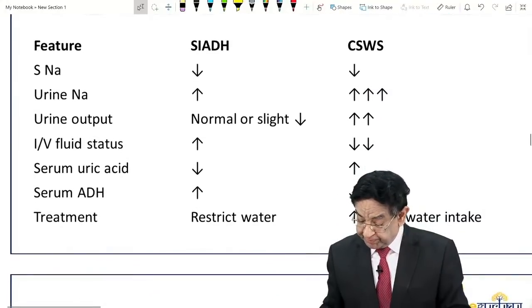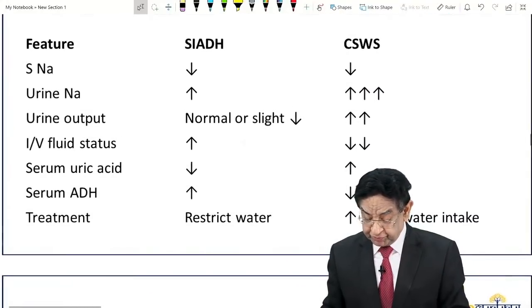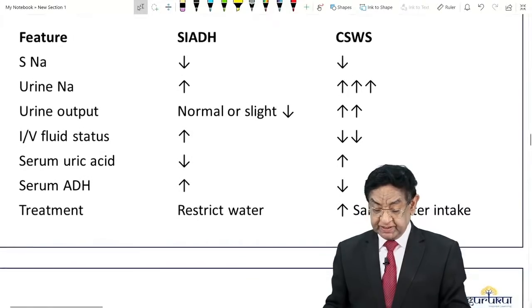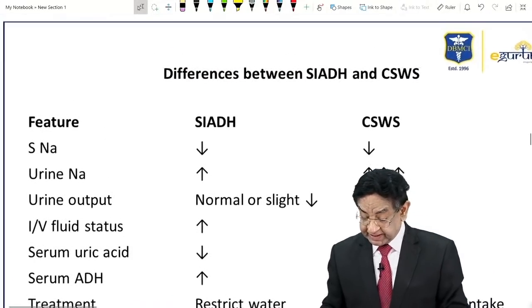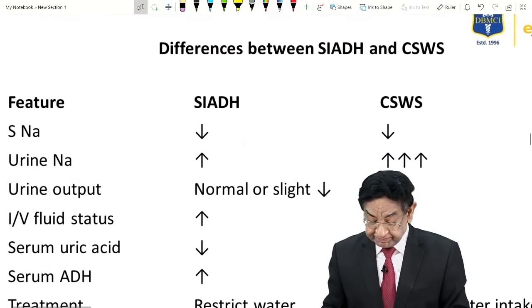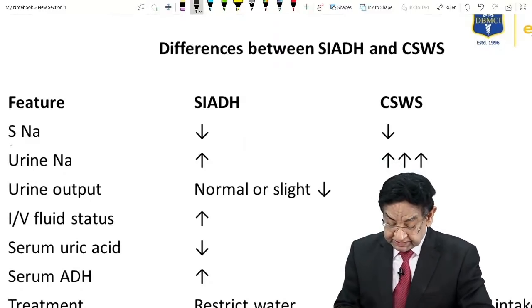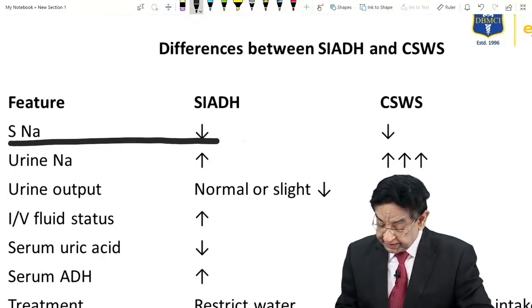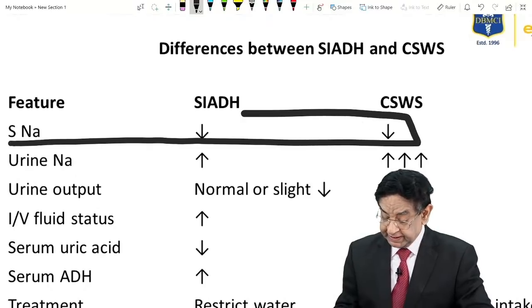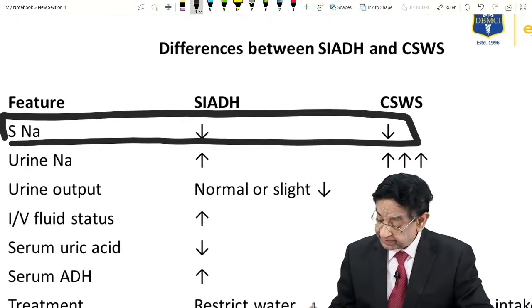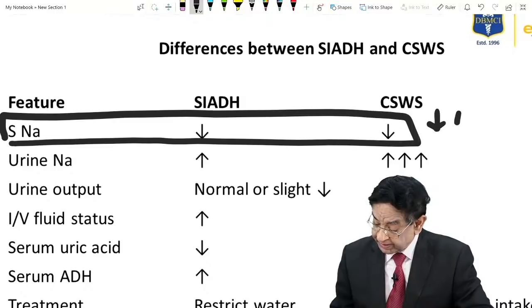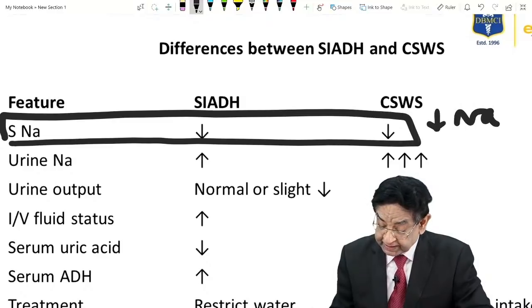So now a beautiful summary. This will make your fundas very, very clear. The difference between SIADH and cerebral salt wasting, again worth $1 million. Serum sodium is reduced, which is common, meaning hyponatremia is there in both conditions.